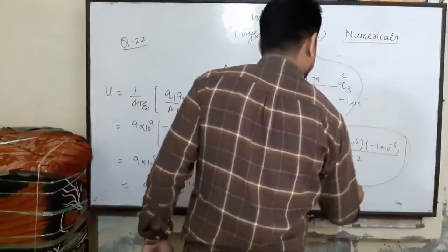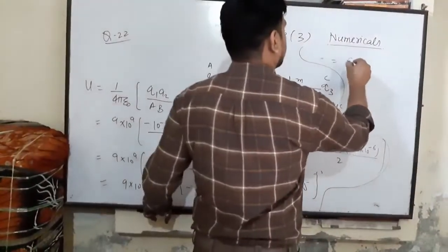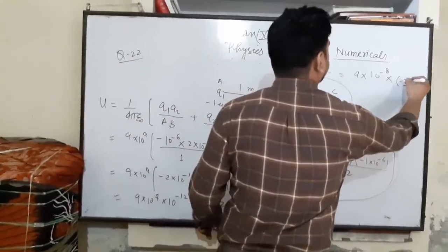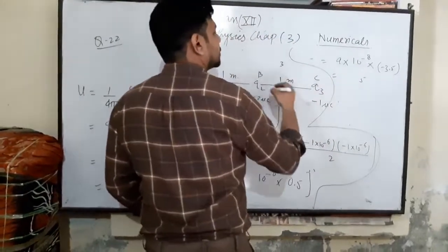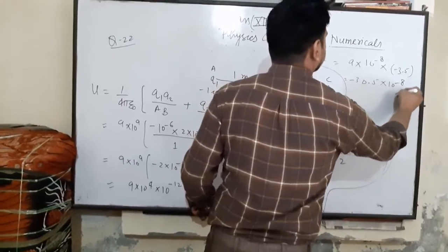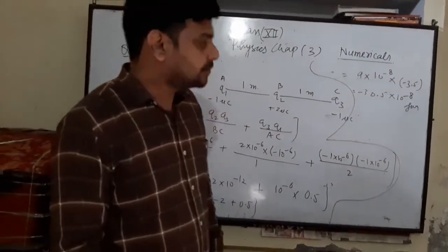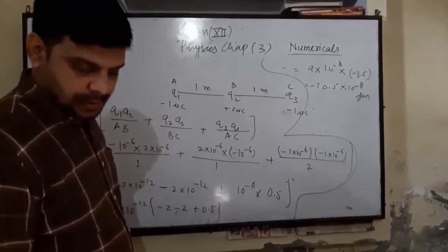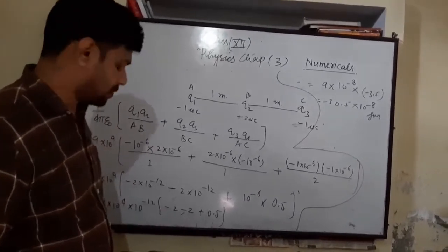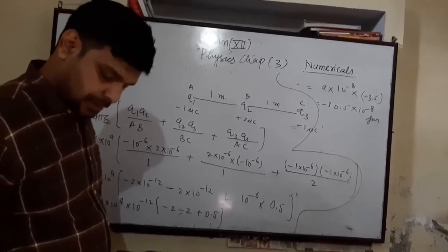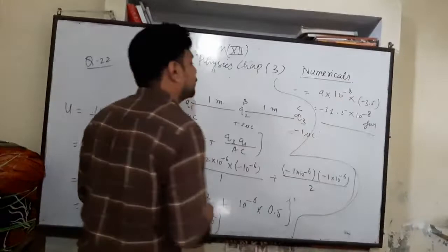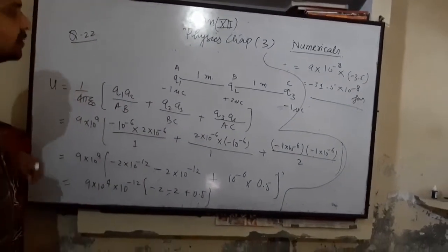So it will be 9 into 10 to the power minus 3 into minus 3.5, which is minus 31.5 into 10 to the power minus 3 joule. Calculation mistake earlier; this is minus 31.5 into 10 to the power minus 3 joule. So this was question number 22.